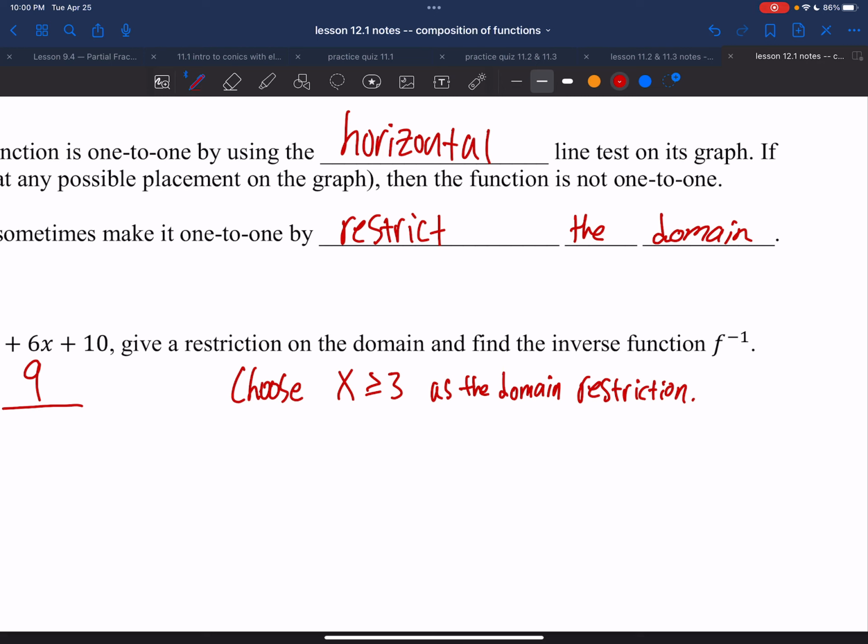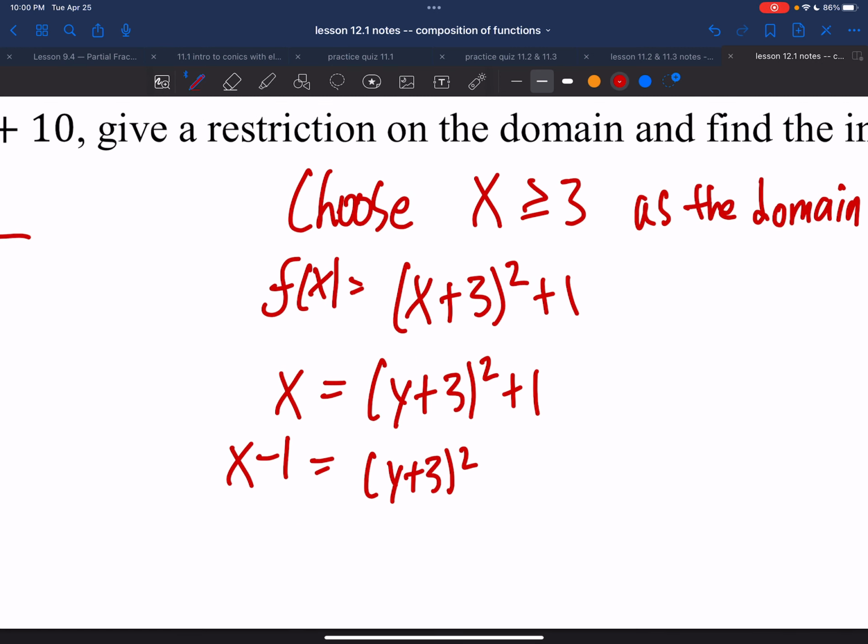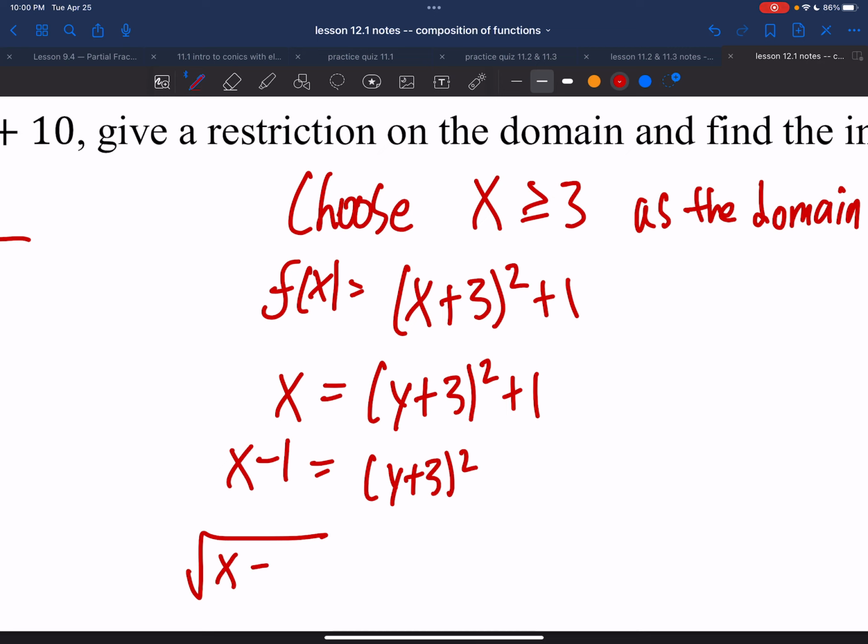Now let's find the inverse function, f inverse. You know that f of x equals x plus 3 squared plus 1. How do you find f inverse? Well, you swap x and y, and then you solve for y. This is x minus 1 equals y plus 3 squared, and then I need to take the square root. So the square root of x minus 1 equals y plus 3. The question is, is it the positive root or the negative root?